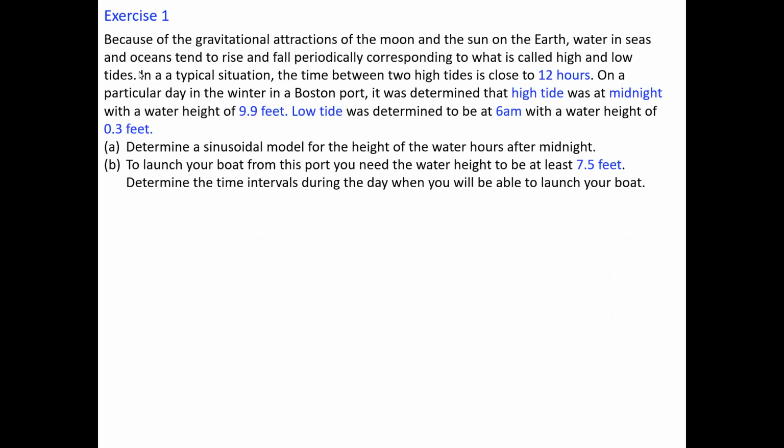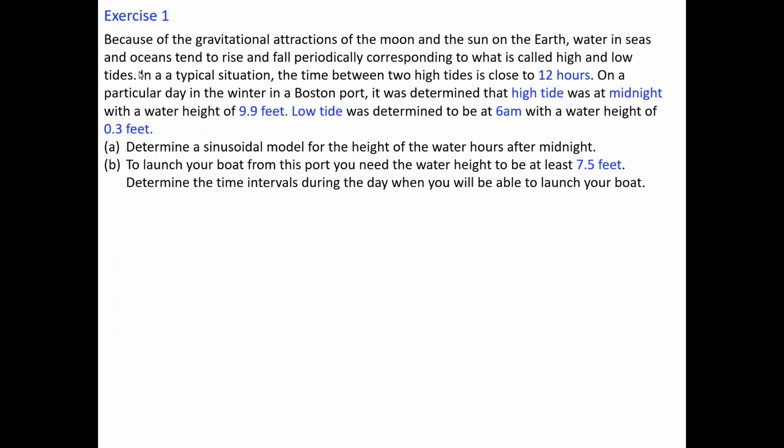solve exercise number 1. Because of the gravitational attractions of the moon and the sun on the earth, water in seas and oceans tends to rise and fall periodically, corresponding to what is called high and low tides.